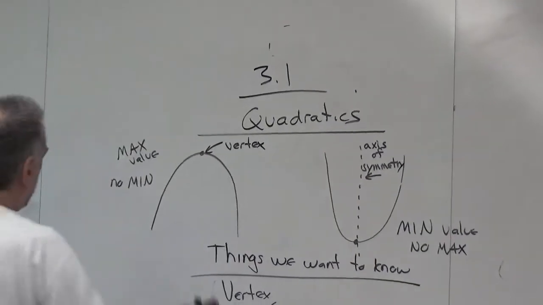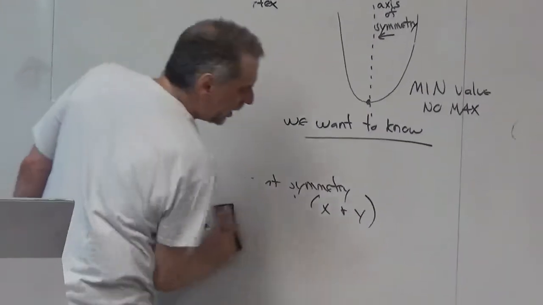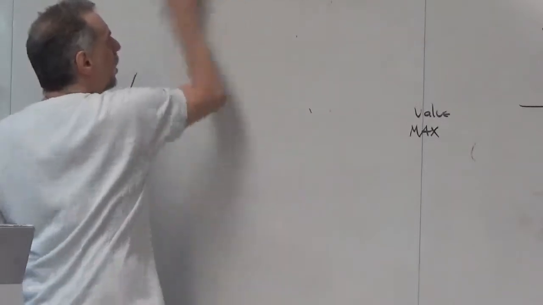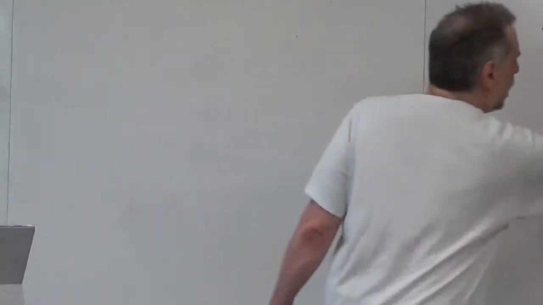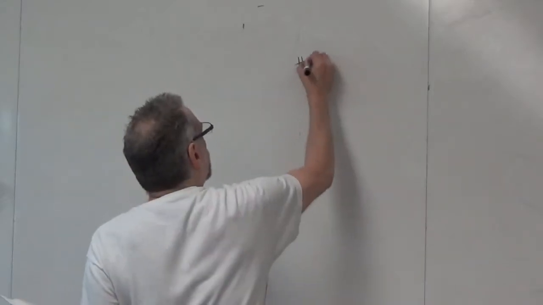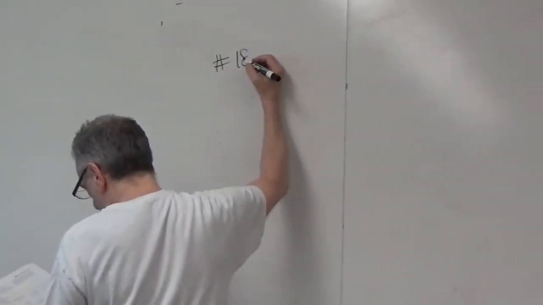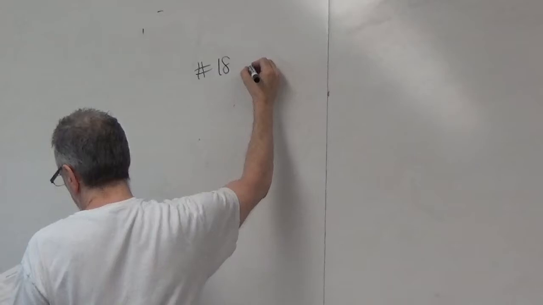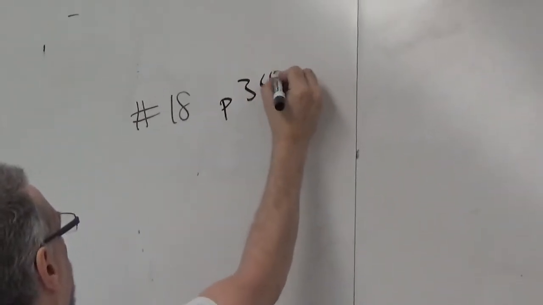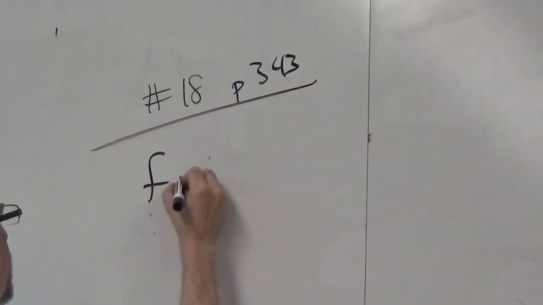So let's go ahead and look at a couple examples here. All right, so I'm looking at number 18 in 3.1. This is a quadratic equation in standard form on page 343. We're given this quadratic.